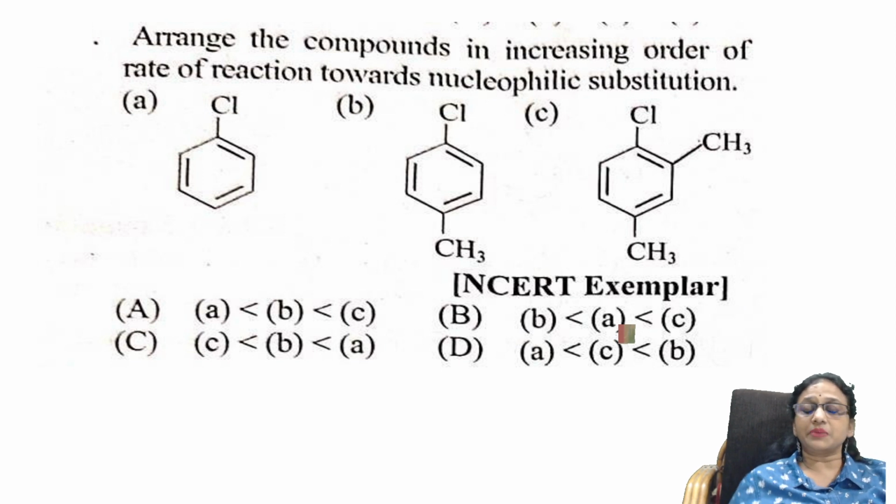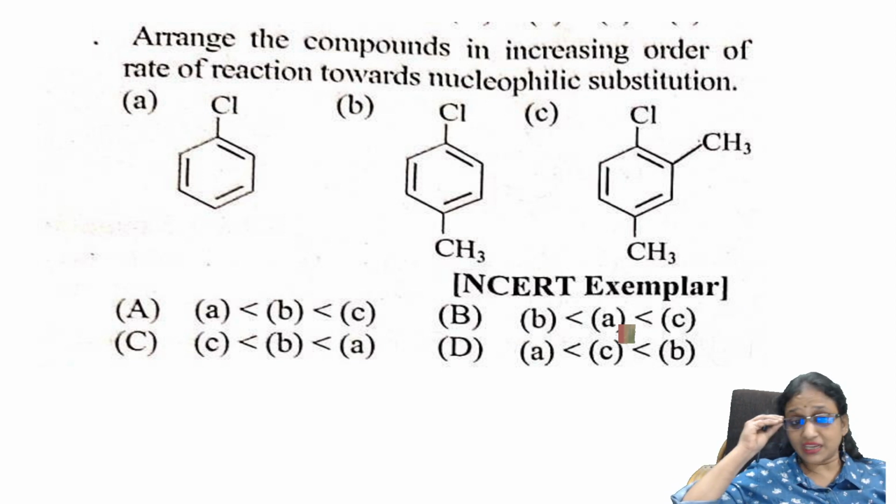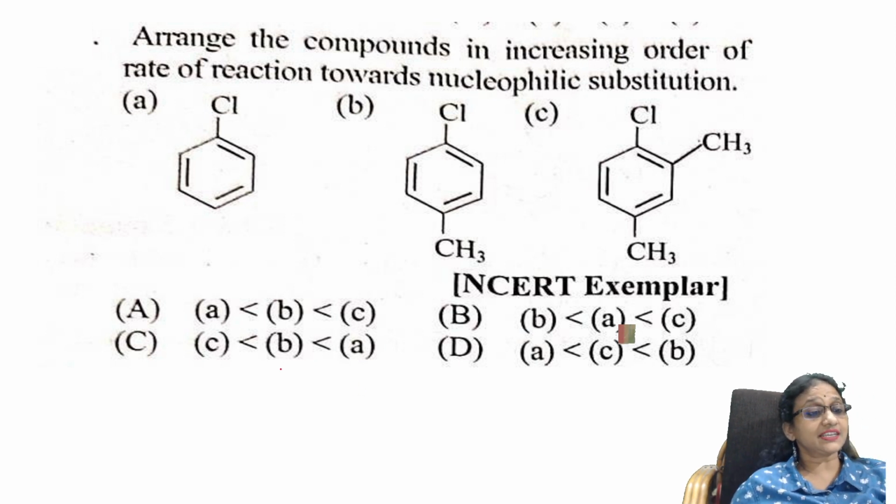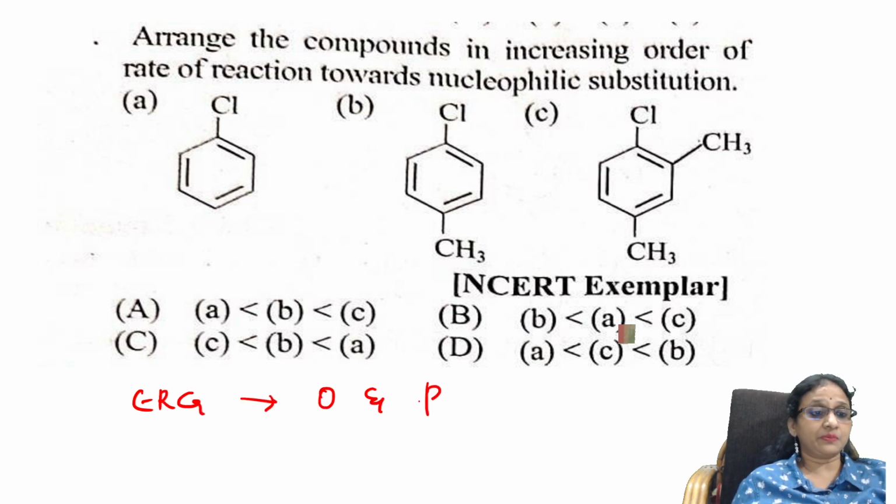Arrange the following compounds in the increasing order of the rate of reaction towards SNAr. Towards nucleophilic substitution, what to remember? Always check. If an electron releasing group is present at the ortho and para position with respect to the halogen, what will happen?